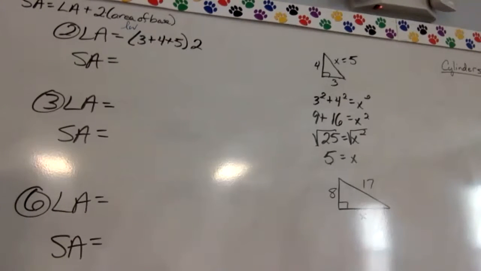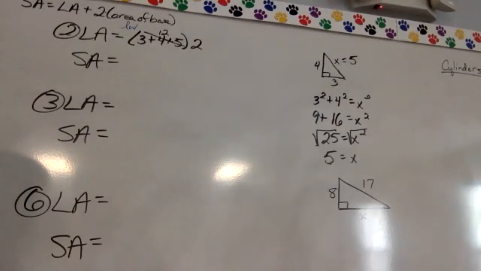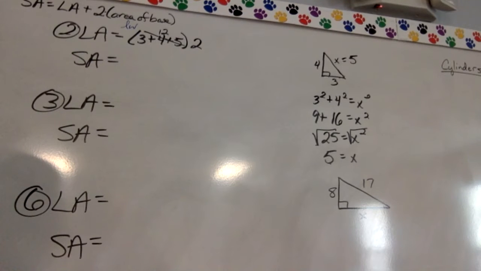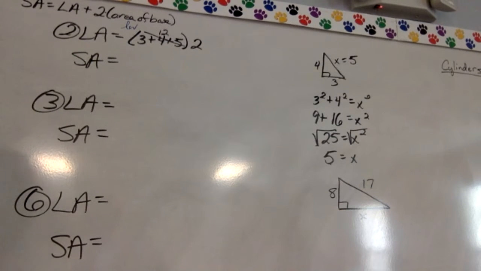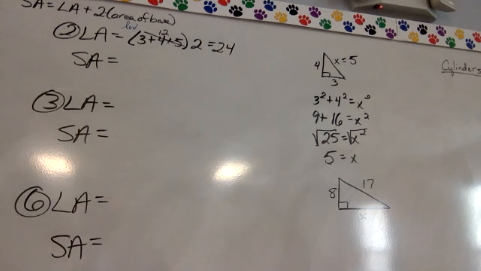So 3 plus 4 is 7. 7 plus 5 is 12, and then 12 times 2 is 24.